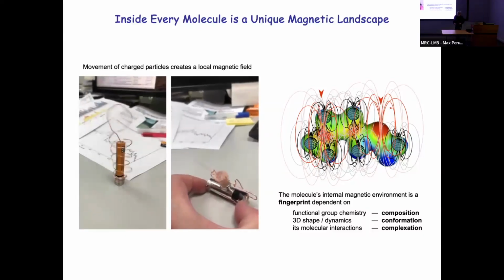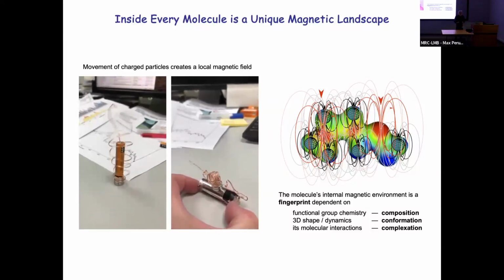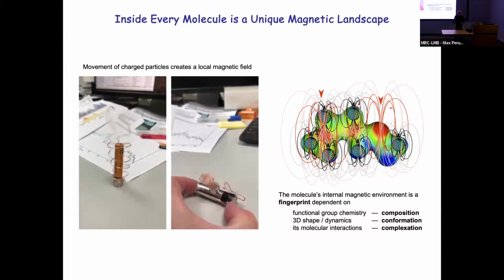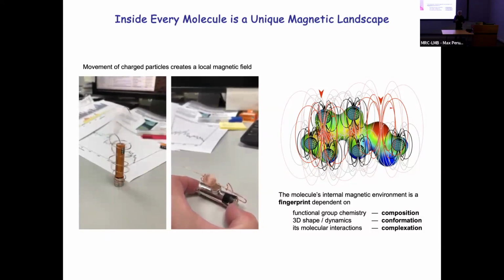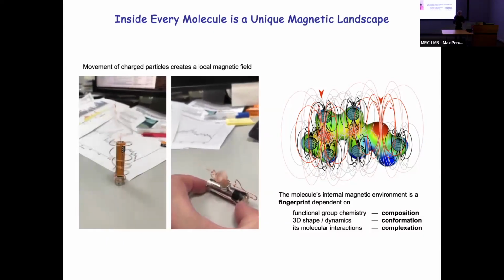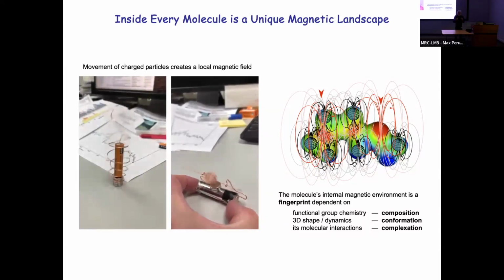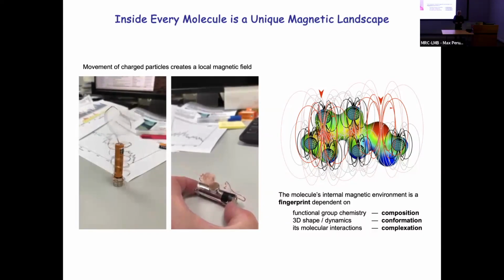But this principle also applies not just in wires in circuits, but also at the subatomic level, where you have subatomic particles that are charged in the nucleus and the electrons. As they move, they generate a local magnetic field. So inside every molecule, there is a landscape of local magnetic fields that is characteristic of that one molecule.